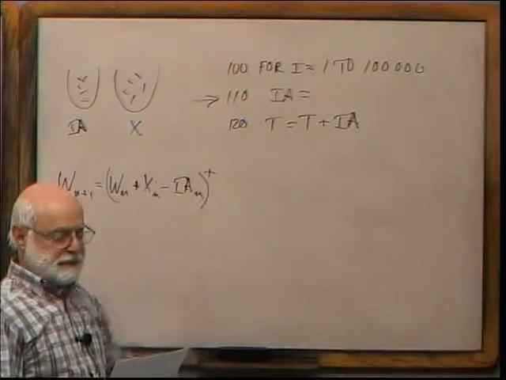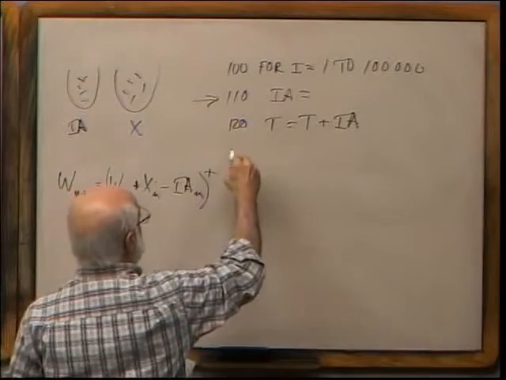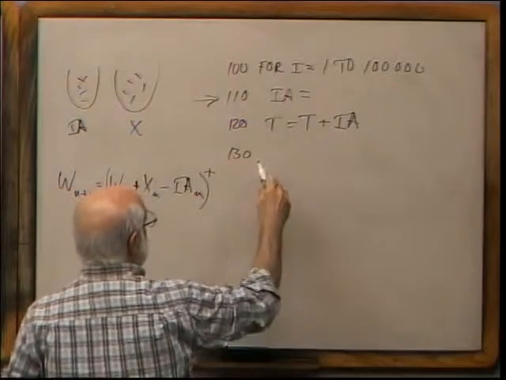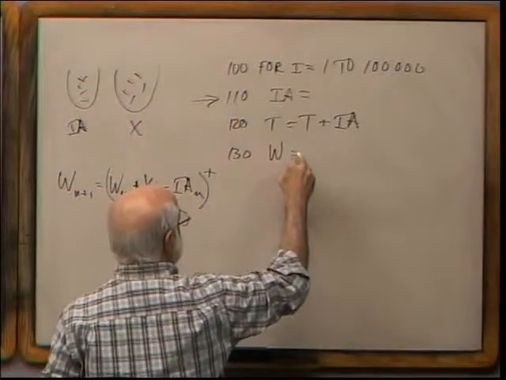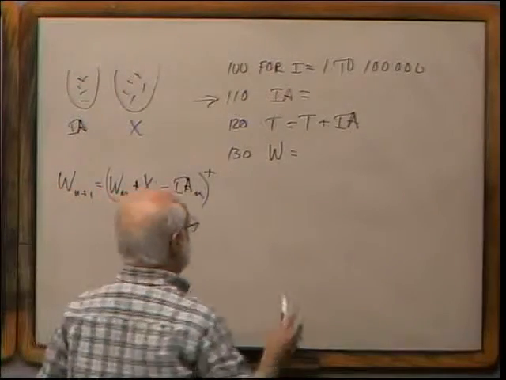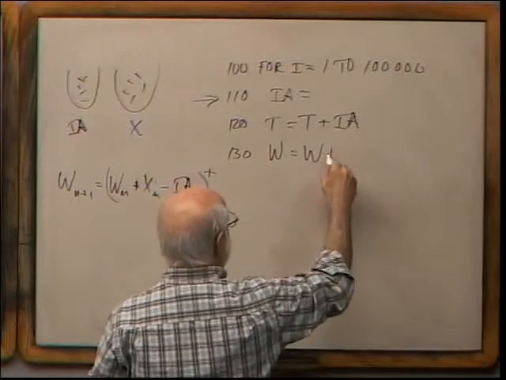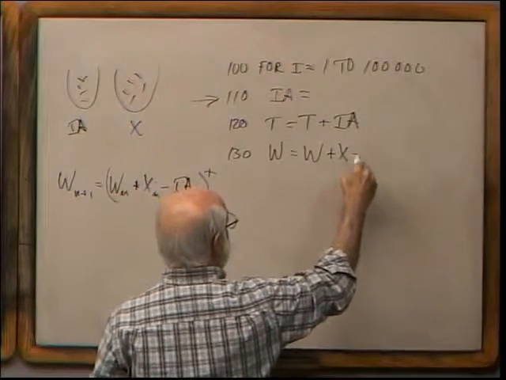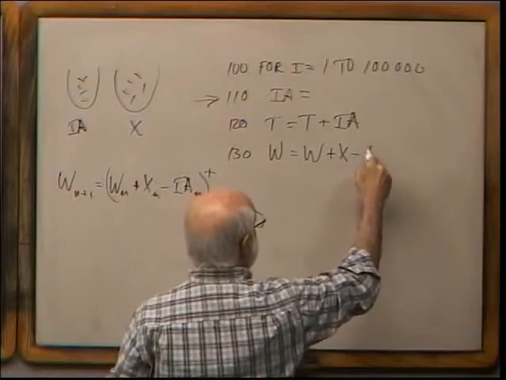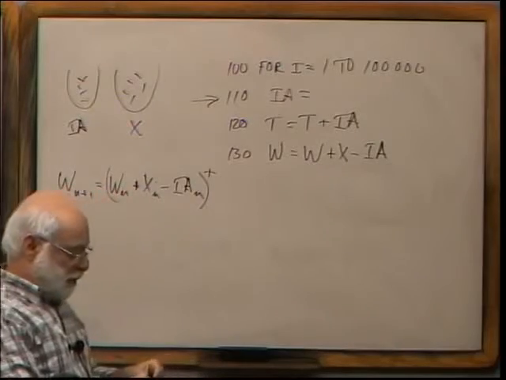Now comes the essential logic of the simulation. The waiting time for the customer whose inter-arrival time I've just generated is equal to the waiting time for the previous customer plus the service time for the previous customer minus the inter-arrival time that I just generated. So the first time through, that's going to be 0 and that's going to be 0.